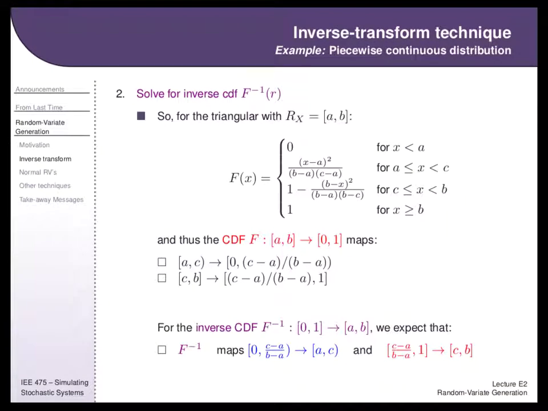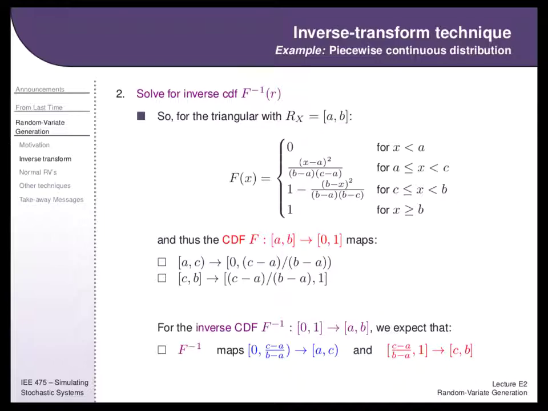So now I have to invert it to generate my triangular generator. And so here, like we said, I can ignore the parts that are constants. And I'm only going to focus on the parts that are non-constant. So those non-constant parts are these two inner rows. And I can see that this first row maps from outcomes A to C to probabilities 0 to this outcome.